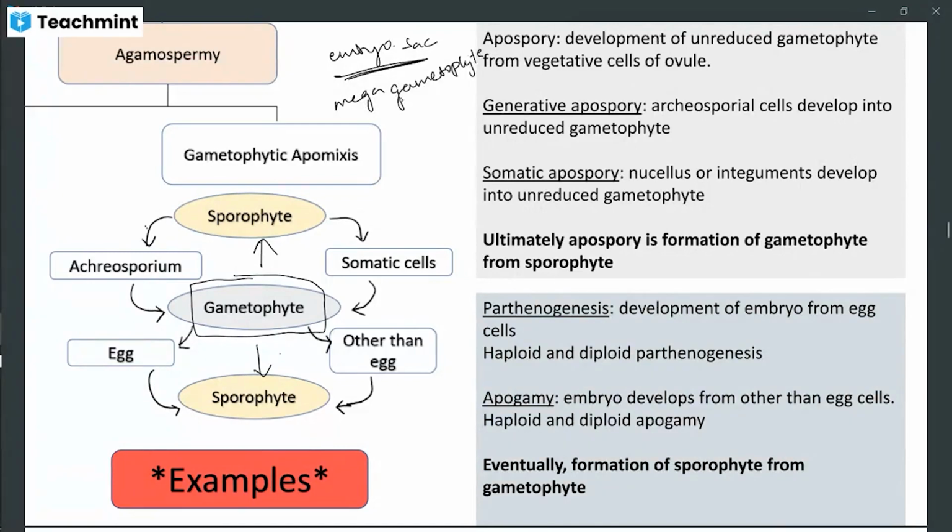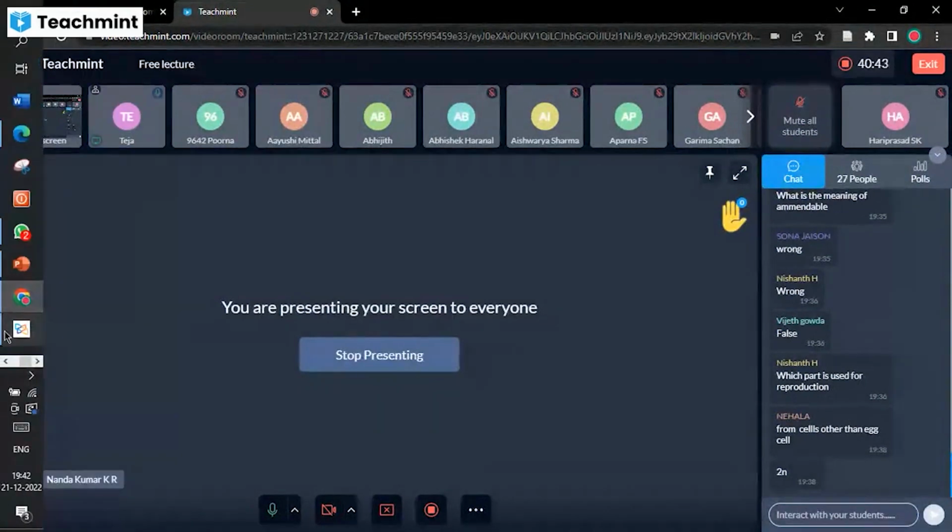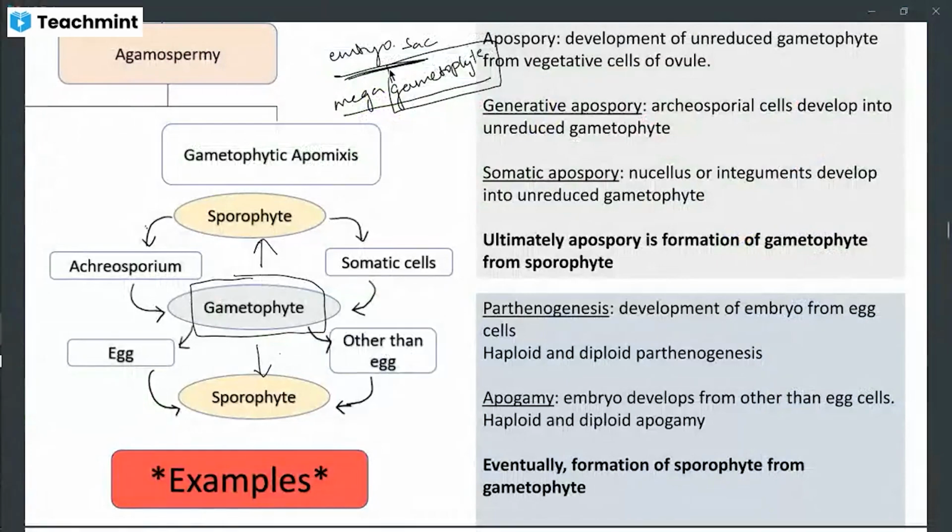So you are saying that apospory ultimately leads to the formation of a gametophyte. Is it the right statement to make? Someone said that it is the formation of embryo sac.